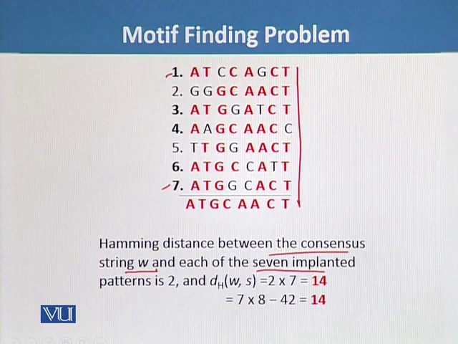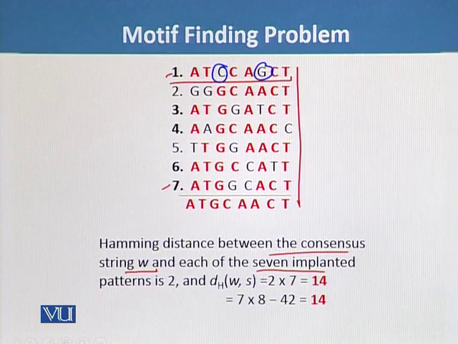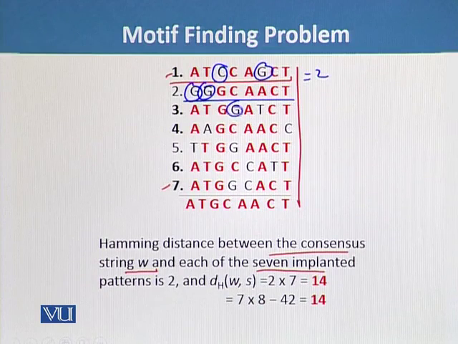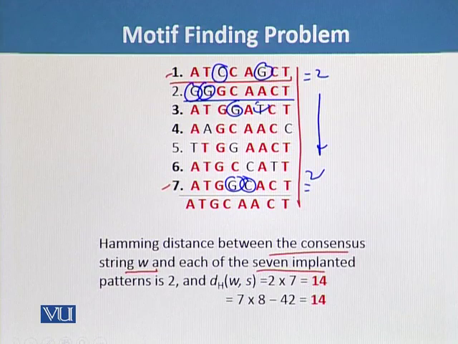It means that in each of the sequences these 2 in black color are the Hamming distance of that sequence, that is 2, and in the second sequence again 2, and third 2. So in all of the 7 sequences the Hamming distance is 2. So we can calculate very easily the Hamming distance W, S.